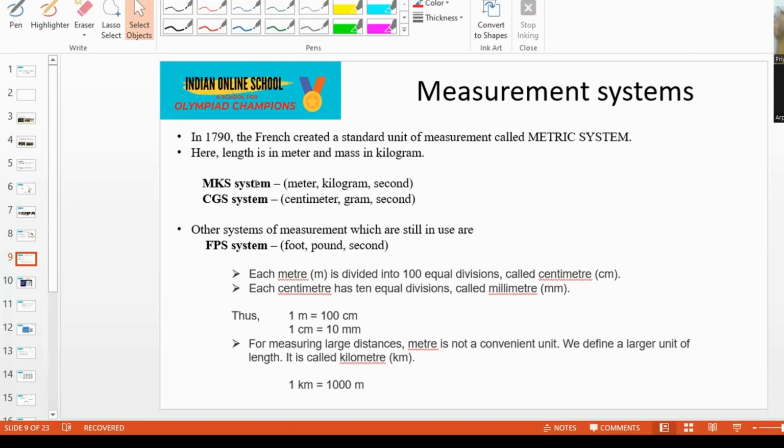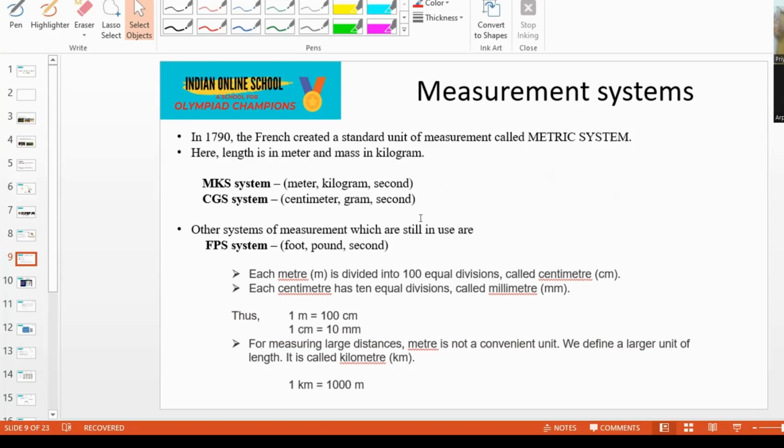In the MKS system, M is for meter, used to measure length, K is kilogram, used to measure weight, and S is second, used to measure time. In the CGS system, C is for centimeter, G for gram, and S for second. So the MKS system and the CGS system are the metric systems of measurement.